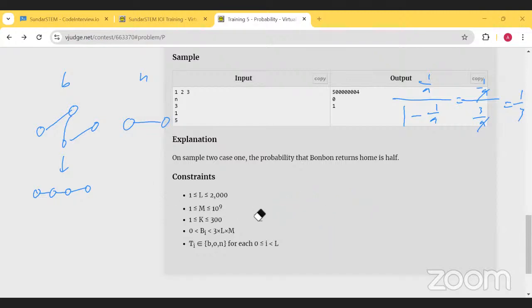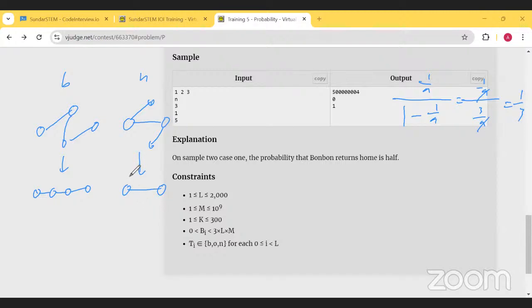So if there is a character N, then it will be just like this. Okay, we can make it just like this. We remove the dead end.